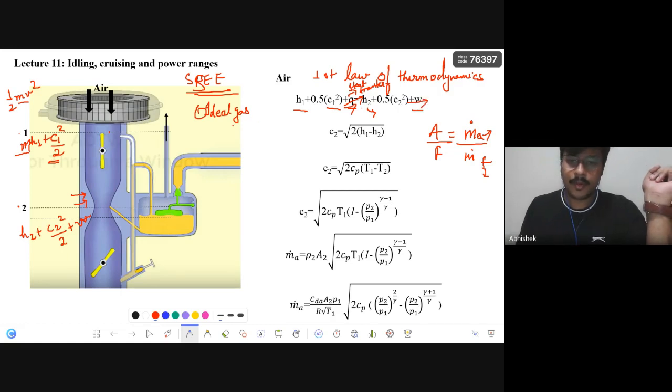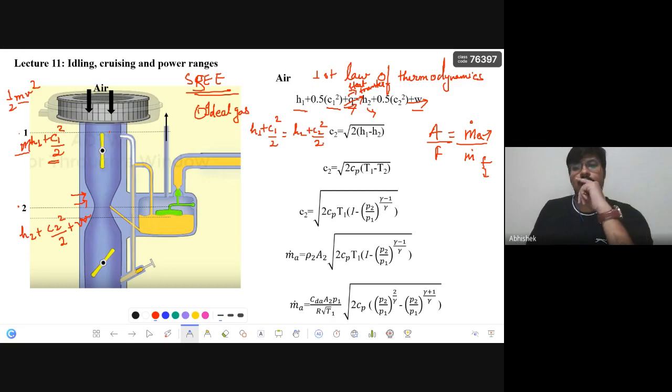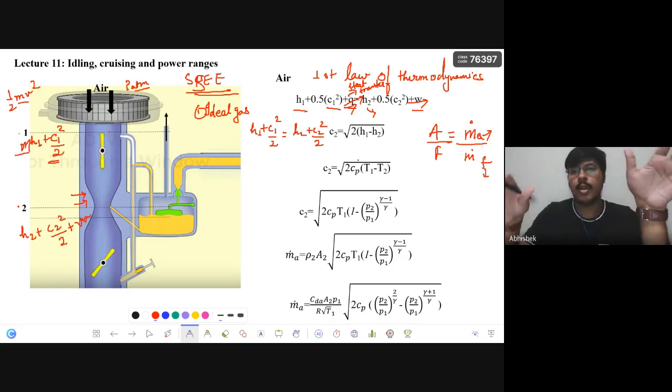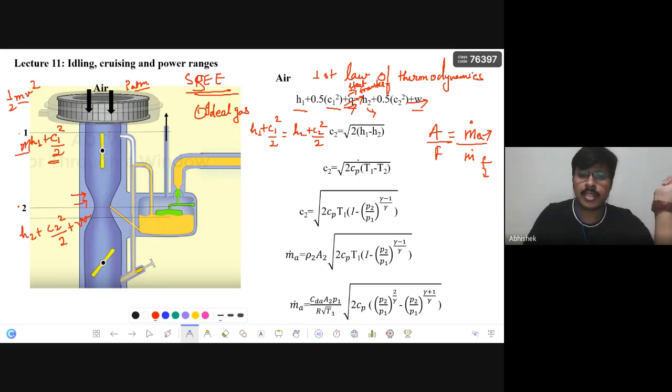So the next step will be h1 plus c1 square by 2 is equal to h2 plus c2 square by 2. This is the only remaining. Now the pressure here is atmospheric pressure, P atm. The velocity we generally consider here is the velocity of normal air, which is stagnant. So C1 we consider as 0.